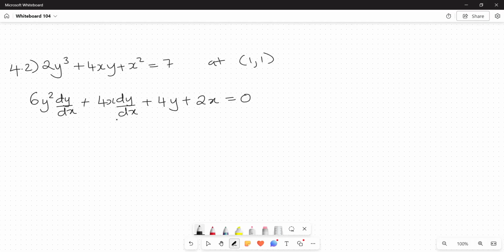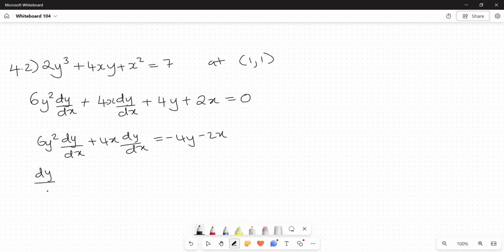So these two have dy/dx, those two do not. Let's go over to that side. So 6y squared dy/dx plus 4x dy/dx is equal to minus 4y minus 2x.